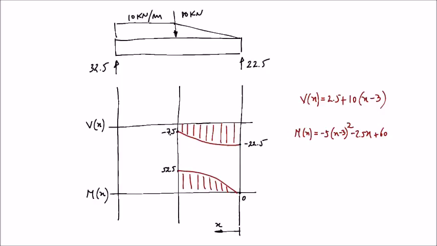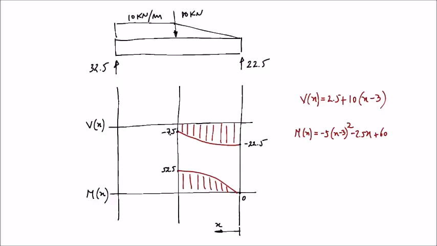We have 52.5, so the same point, this point here. And when we have x equal to 6, x equal to 6 means we are at point A, the support.